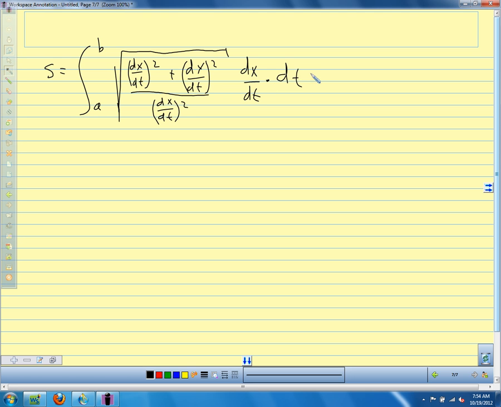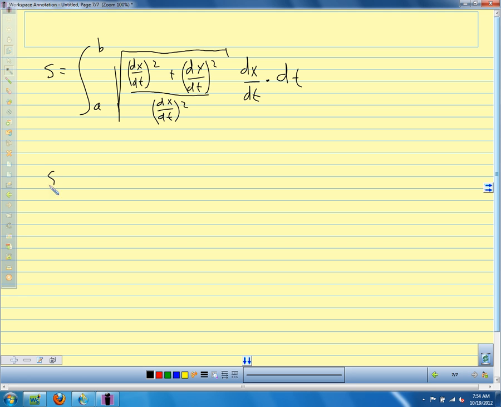Does anybody see what I'm going to do here? Nice little algebra trick. Take the square root of the bottom, and that would just be 1 over dx dt. Or I could square the dx dt and put it inside the radical. Either one's the same thing, right? So I can take the square root of this dx dt squared, and then I end up with just 1 over dx dt, and it's going to cancel with this dx dt out here.